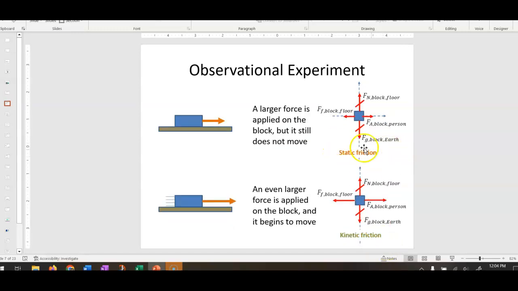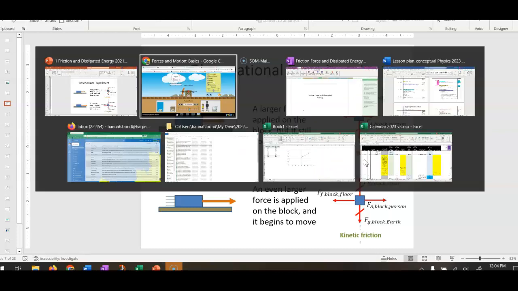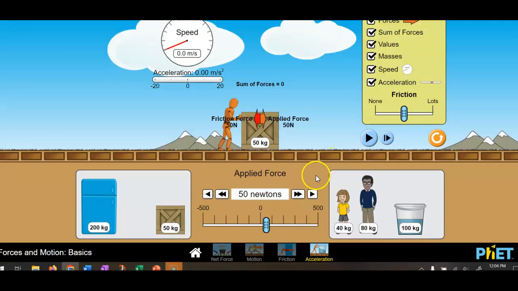Okay, so what if we increase the force that we're pushing with? Well, up to a certain amount, the friction force just keeps increasing. We saw that in our lab in Unit 5, because here we were applying 50 newtons of force. Let's apply 100. It's still not moving, right? So I'm going to go up by ones now. 101, 102.